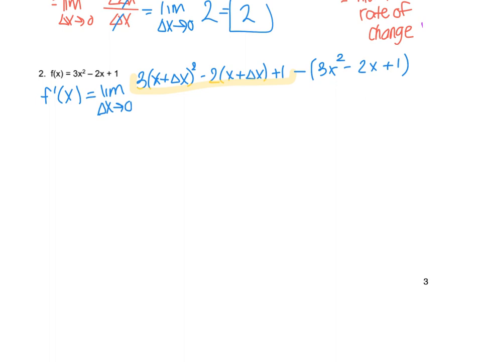So this whole top expression is my numerator. Just to reiterate, because I know this is overwhelming, this first bunch is f of x plus delta x, and the second piece is f of x. So the numerator is always f of x plus delta x minus f of x itself. The denominator is always over delta x.